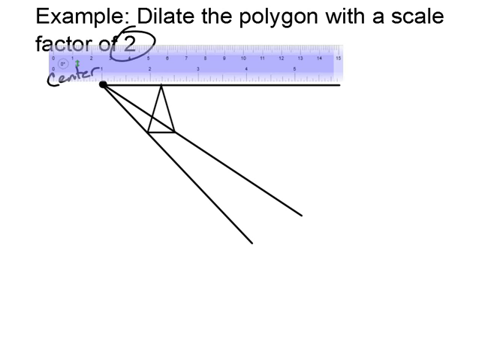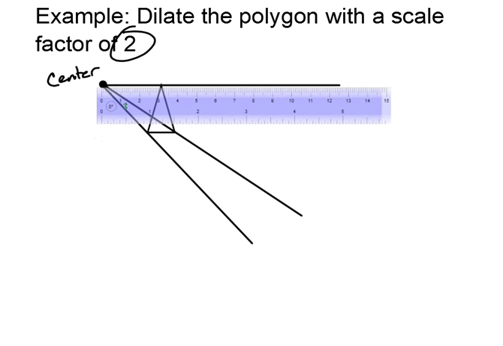Now I take a ruler and I measure how long it is from the center of dilation to where it touches the shape. And I see from mine, it touches it at about 3.2. I'm also using the centimeters. I'm not using the inches, I'm using the centimeters.